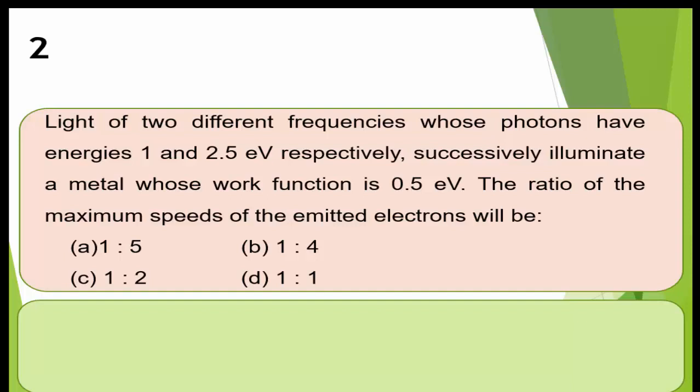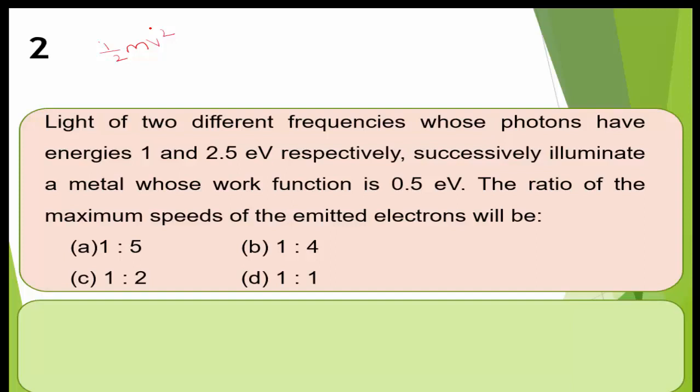Now the ratio of maximum speeds of the emitted electrons will be, here we know the formula for kinetic energy, half mv square.